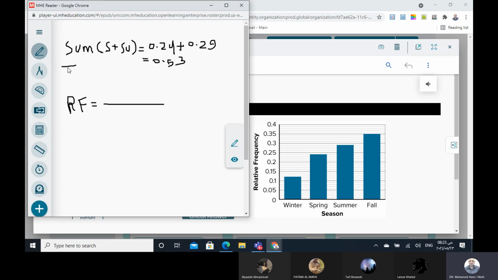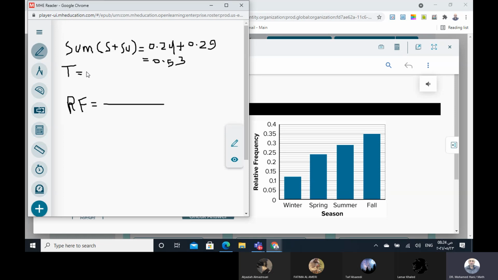Then find the total. The total, you can add all the heights of the bars. As you see here, the first bar is 0.1, 0.11, 0.12.